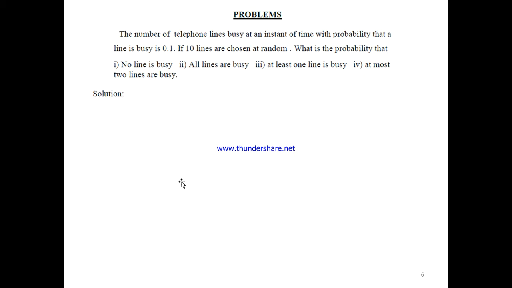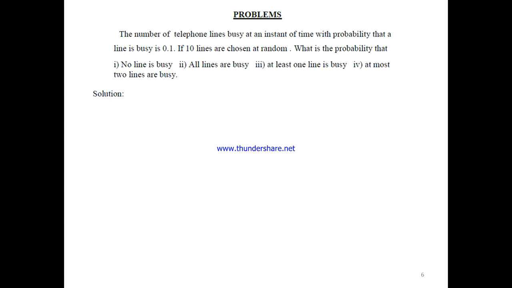To solve the problem, first we'll check whether this problem can be solved by using the binomial distribution. Here we are selecting telephone lines, and when we select a telephone line, either the line is busy or the line is not busy.